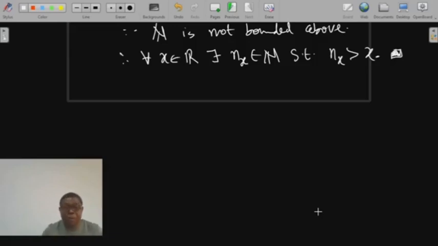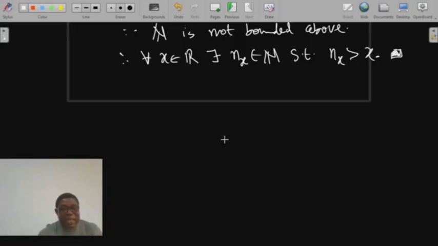Okay, now we'll do yet another exercise, and in this exercise we make use of this Archimedean property. What will this exercise talk about?